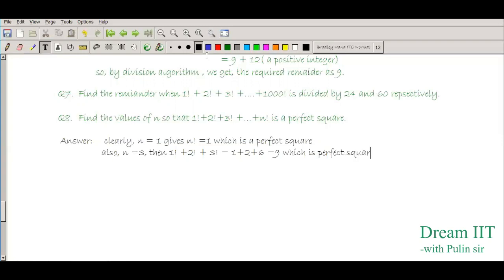We have inspected two values. Now, how do we proceed for finding the remaining values? It will be a very big task, a Herculean task.